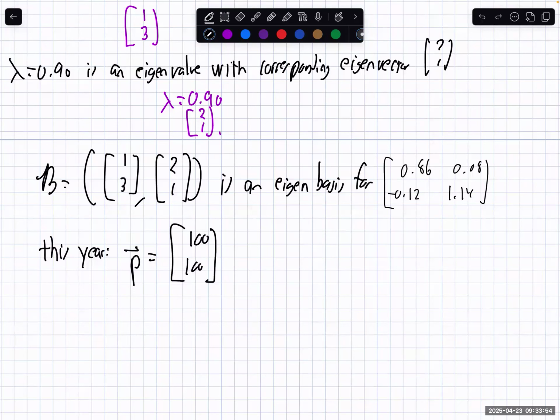As I said, I can break that P into 20, 60 plus 80, 40.